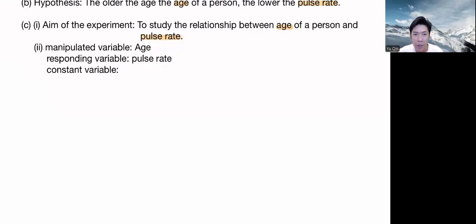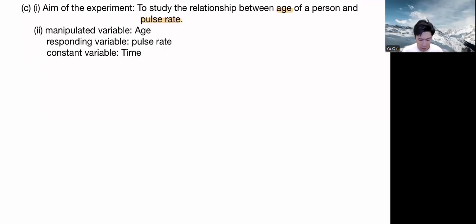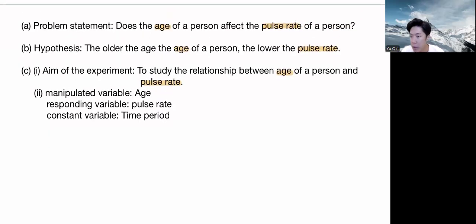So that's the duration of the experiment. So maybe we call that time period. You good? Okay, so I'm still having my manipulated and responding. Good, then we shall go to C3.